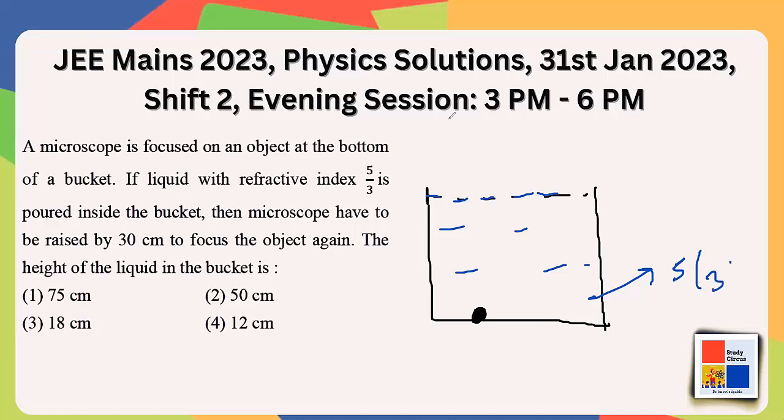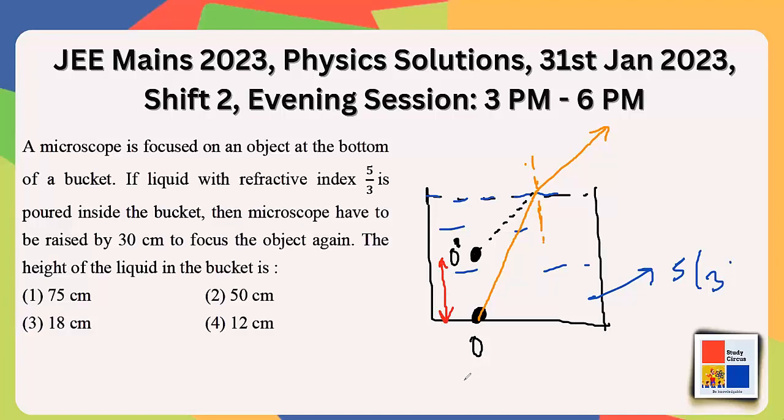Now if a ray of light emerges from the object here, it will be bending away from the normal. So this is the apparent position of the object, O prime. Apparently the object is lifted up by this much amount, right?